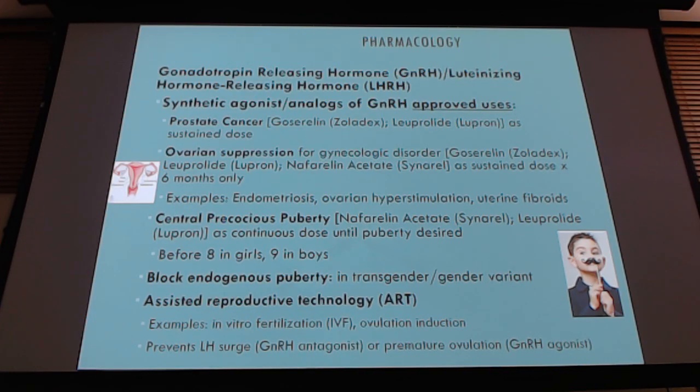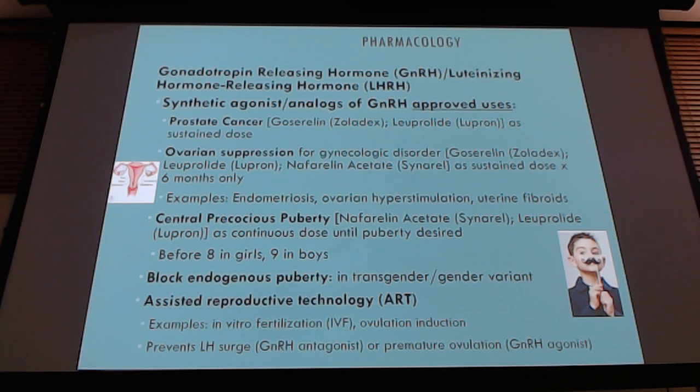Looking at your endogenous puberty, so if you have someone who is undergoing or trying to undergo a gender reassignment or any of that, you can see that we can use these medications for that as well, and that's any of these medications.